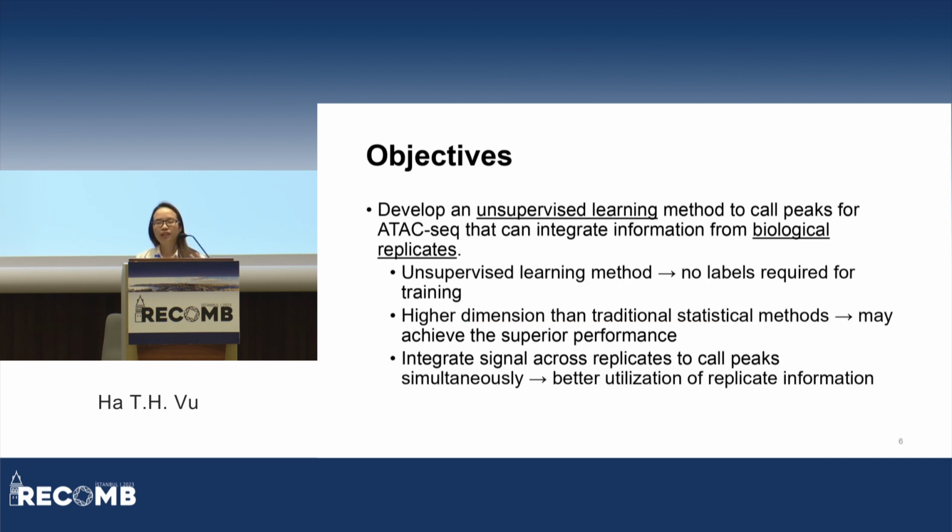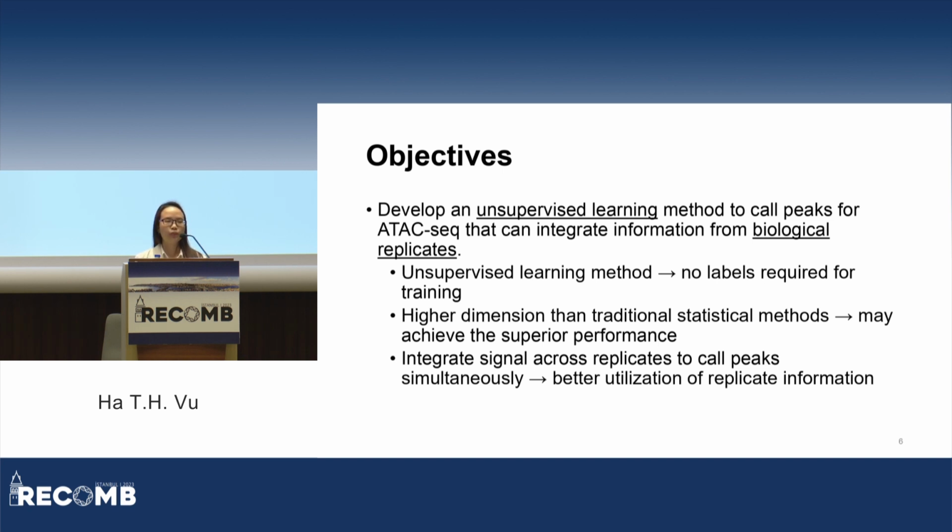So with these knowledge gaps in mind, we set out to develop an unsupervised learning framework to call peaks for ATAC-seq data that can integrate information from biological replicates. We want an unsupervised learning method so that we don't have to rely on external labels.